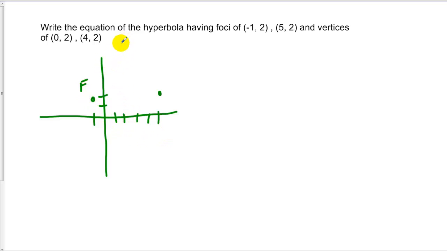Since I know those are my foci, I know this has got to be opening sideways since the foci are within the hyperbola. I also know my center has to be midway between these 2 points. I've got a total of 6. So 3 either way is going to give me my center point, which in this case is 2, 2.